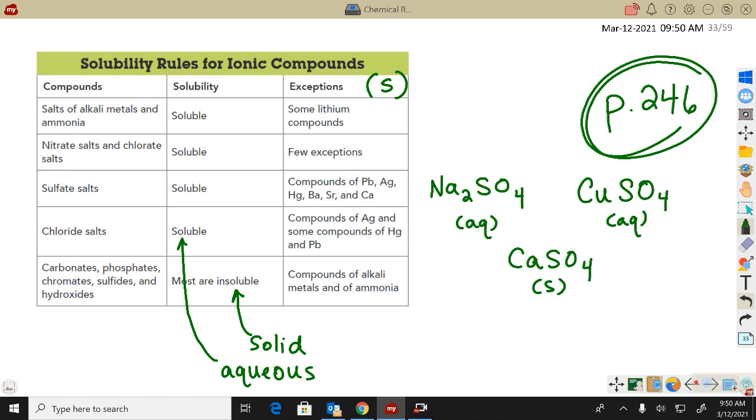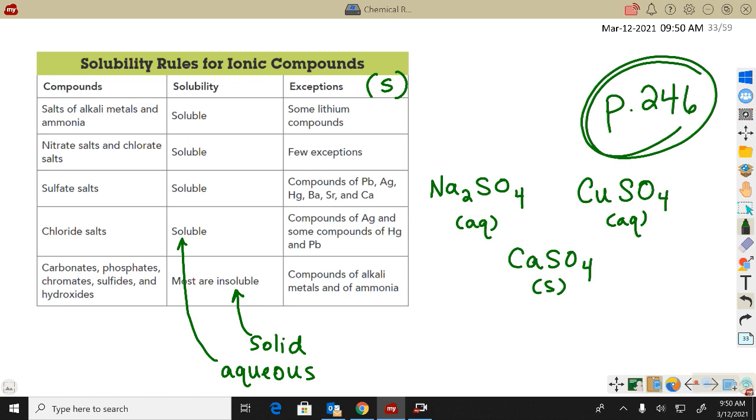And then the last group they have are carbonates, phosphates, chromates, sulfides, and hydroxides, which are mostly insoluble. So most carbonates, phosphates, chromates, sulfides, and hydroxides do not dissolve, and they would stay a solid. But there are some that do dissolve, and the exception is the alkali metals and ammonia.